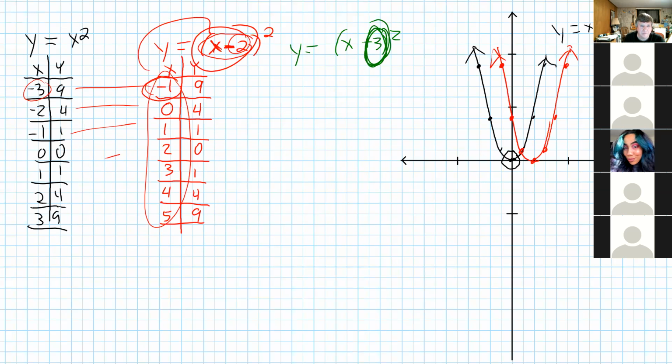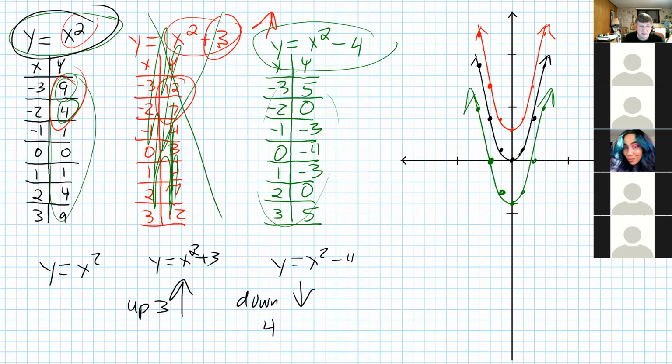Okay, now take a look at this graph, x minus 2. h is 2 and k is 0. And the vertex is at 2, 0. Let's go back to this one. h is 0 and k is -4.